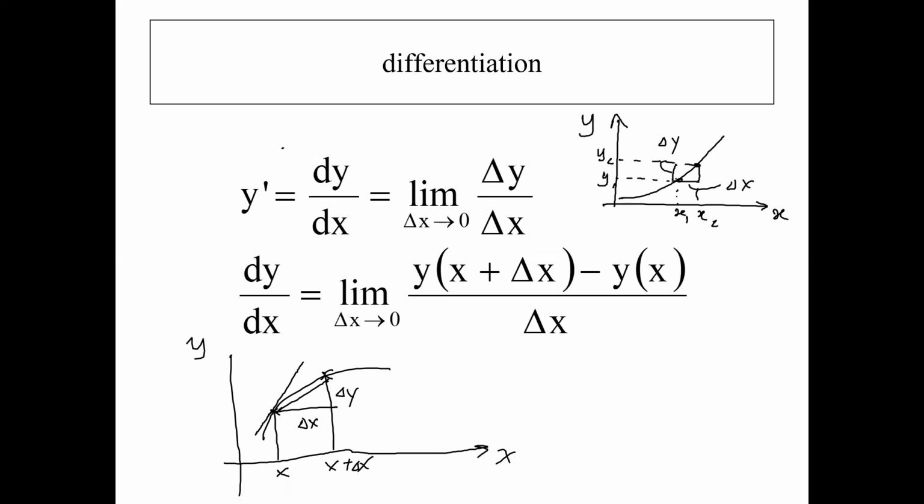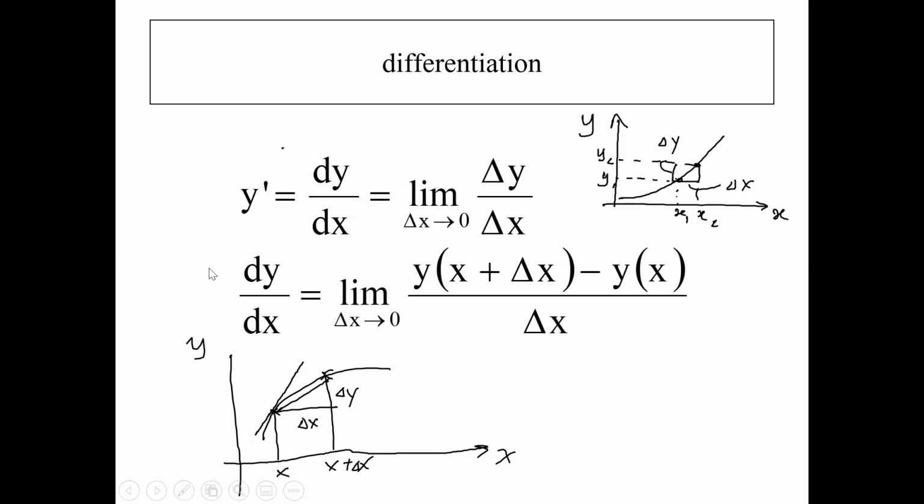We write it as dy by dx, or using the symbol y prime. So dy by dx is the limit as delta x approaches 0 of y of x plus delta x minus y of x, divided by delta x.